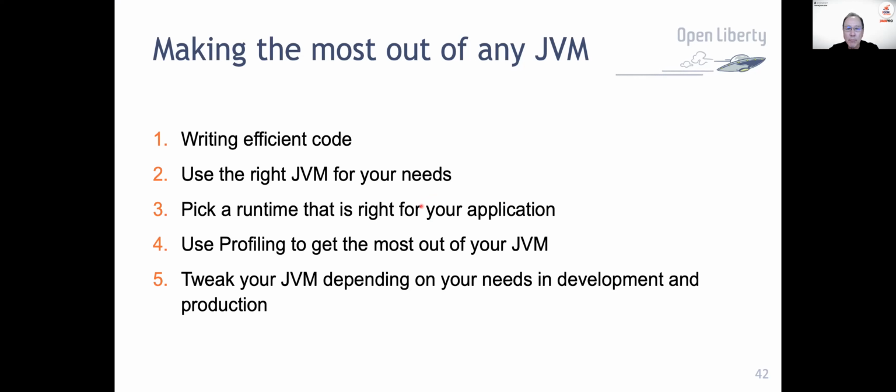For example, you don't want to run a bloated runtime for a microservice. Four, using profiling. We'll take a look at this in a little bit. And five, tweaking your JVM. So we'll take a look at some of the other options to make your JVM even more efficient.